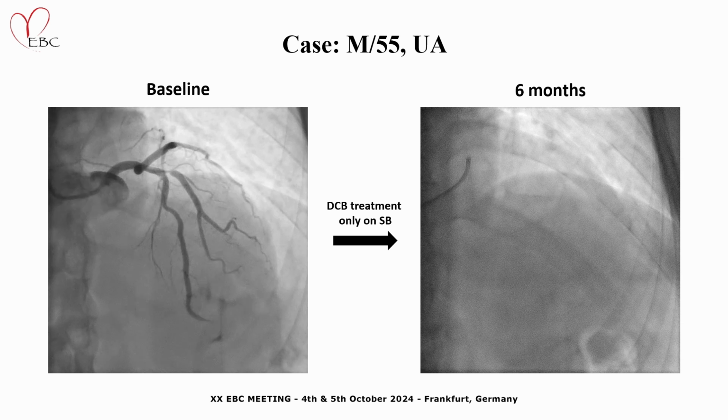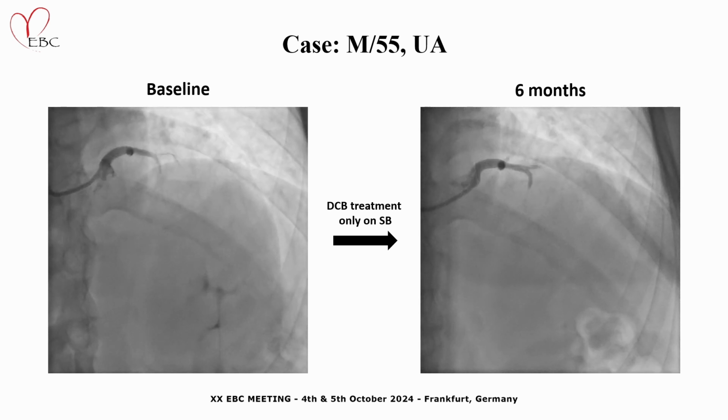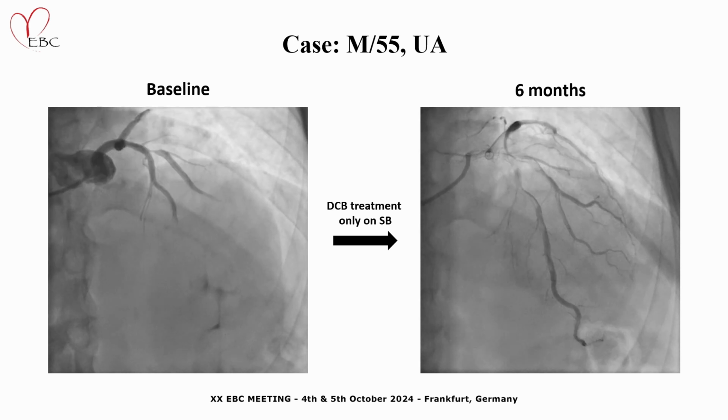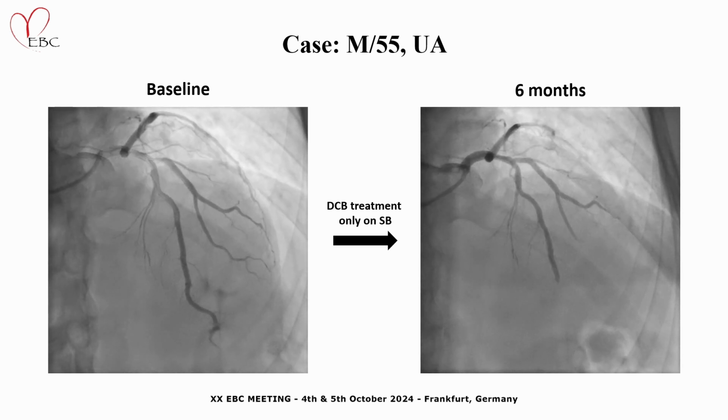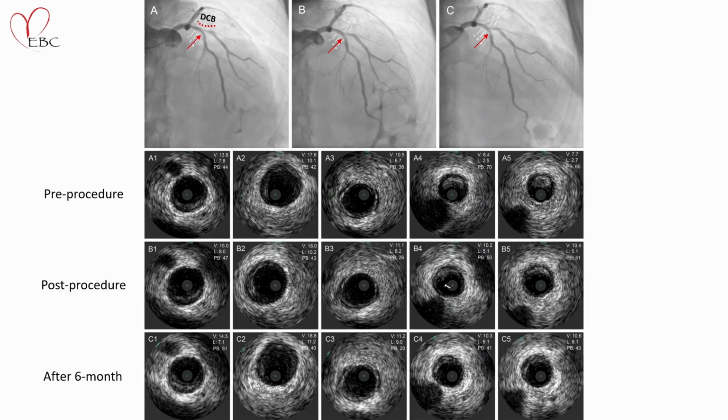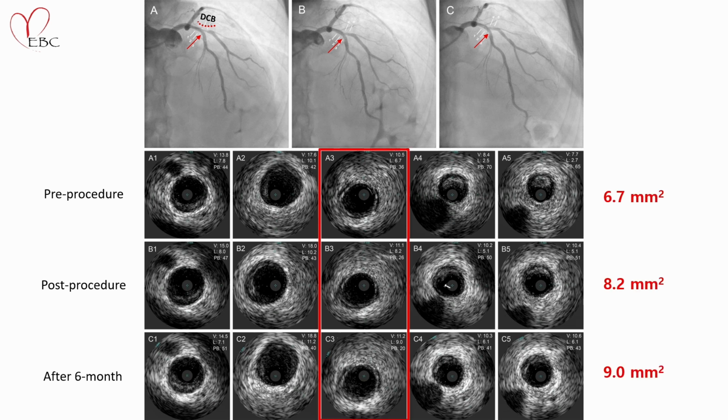On the contrary, this lesion was confined to the side branch ostium, a 001 type. DCB treatment was performed from the RAD to the diagonal branch. The follow-up was good. When confirmed by IVUS, the lumen of the side branch was enlarged.